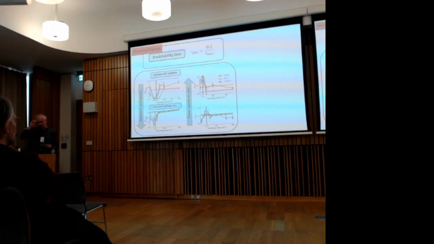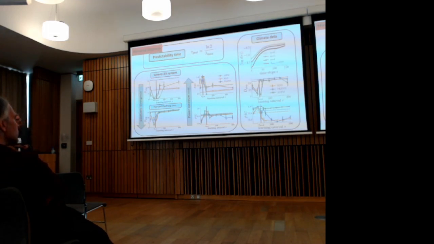We tested that on 10 or more different ground truth systems and also on different types of real-world systems, for instance, climate data. In this case, of course, you don't have an analytic estimate of the Lyapunov exponent. You have to derive it from data, but this still works quite well. Even the empirically estimated Lyapunov exponent gives you quite a good guideline.